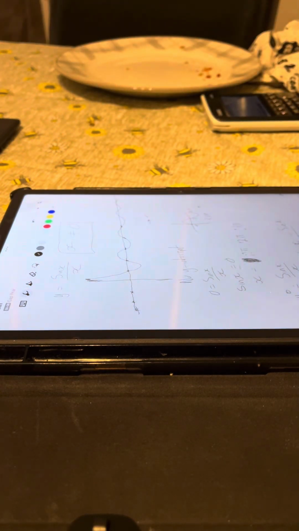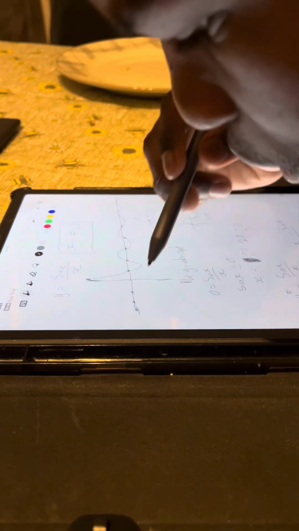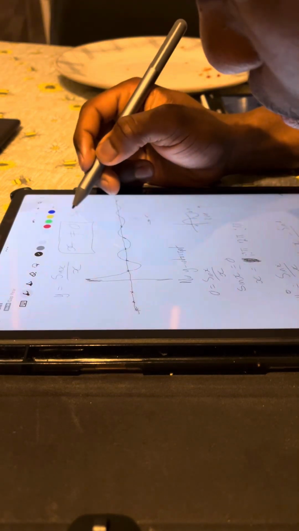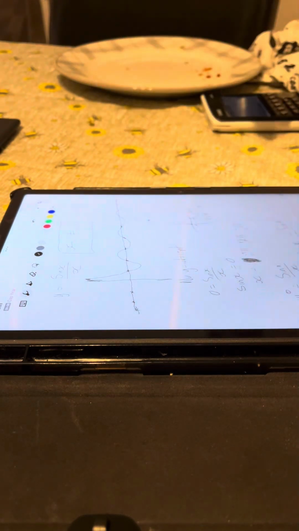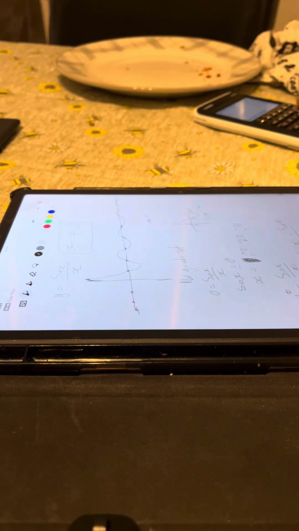And then for the negative parts, let's try minus pi over 2. Since minus pi over 2 will be somewhere here, sine minus pi over 2, I'm pretty sure that's -1.